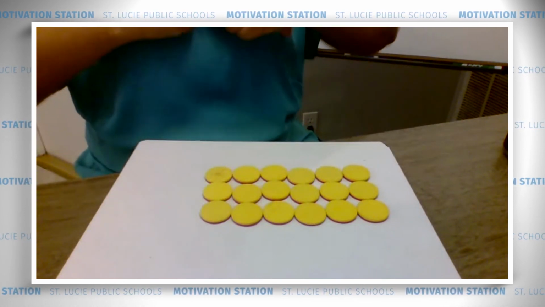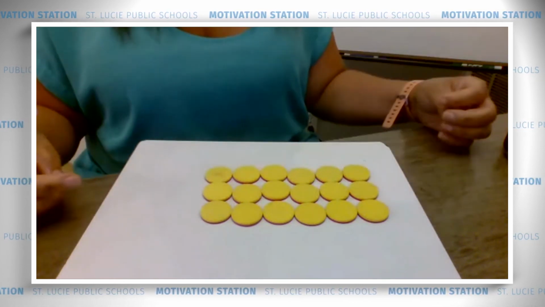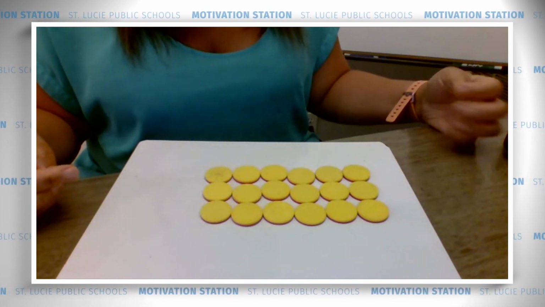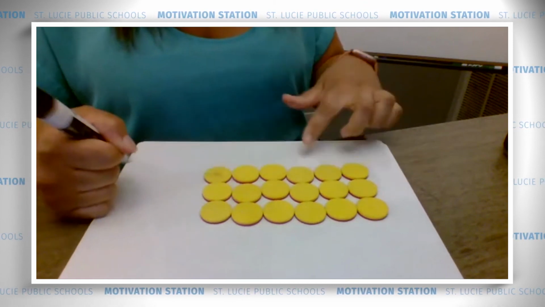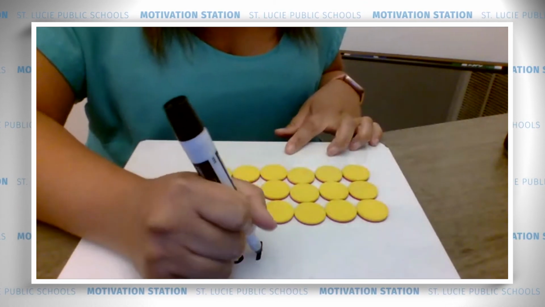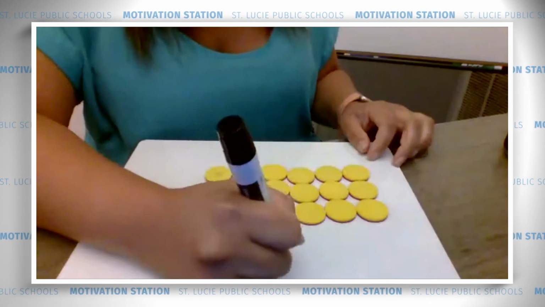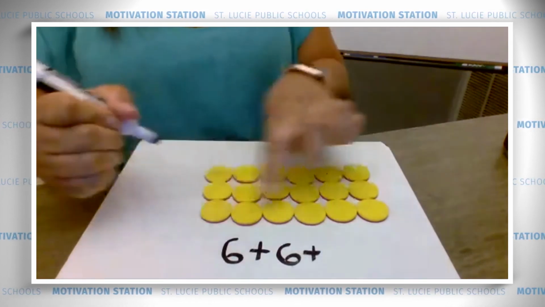Remember our question, it didn't ask us how many were in all. It asked us what was an equation that we could write. So we could write 6 plus 6 plus 6.